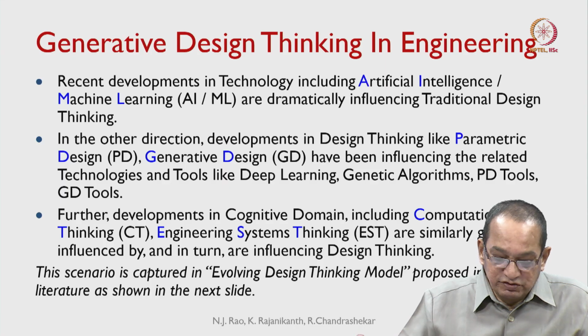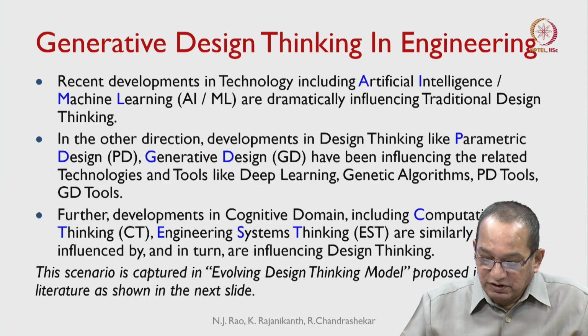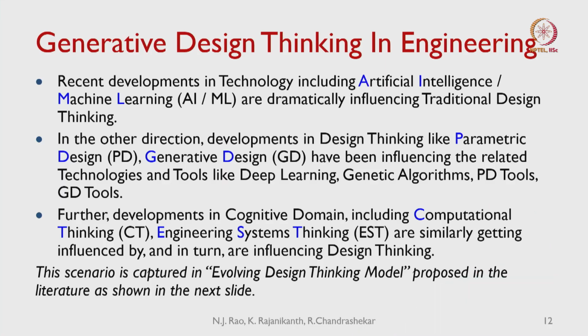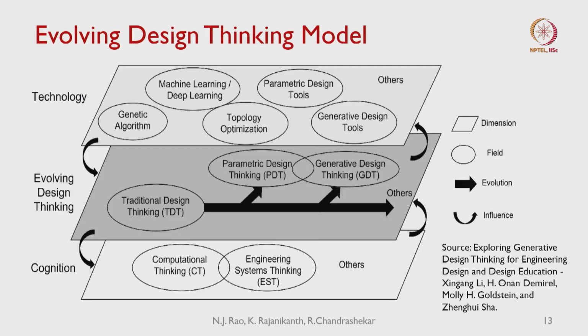So, this scenario is captured in an evolving design thinking model proposed in the literature. This is the model that researchers are proposing. This particular figure, the source is Exploring Generative Design Thinking for Engineering Design and Design Education by Xingyang et al. You can see there are three layers in fact.